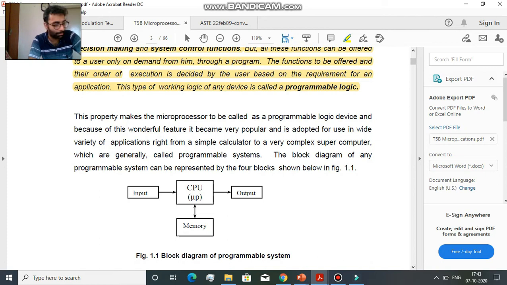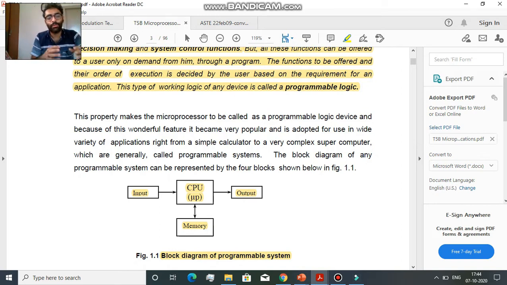Now if you see the basic block diagram of a programmable system, here is what it looks like. You have input on the left hand side, you have a CPU or a microprocessor in between, and you have an output. In between, you can see that the microprocessor interacts with the memory for fetching, reading and writing the data.